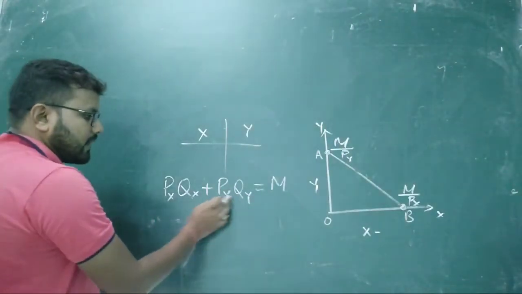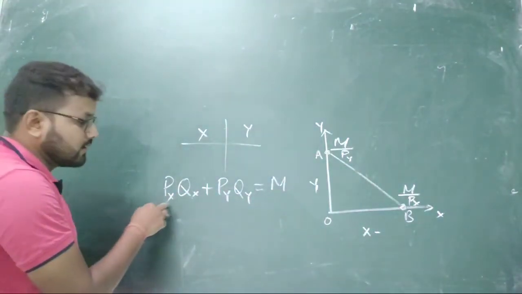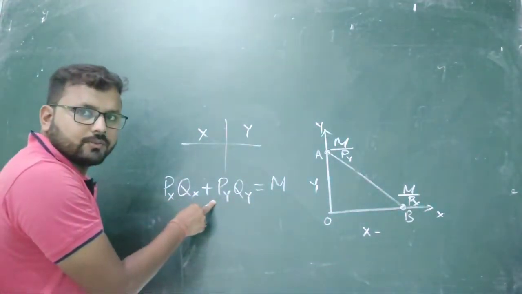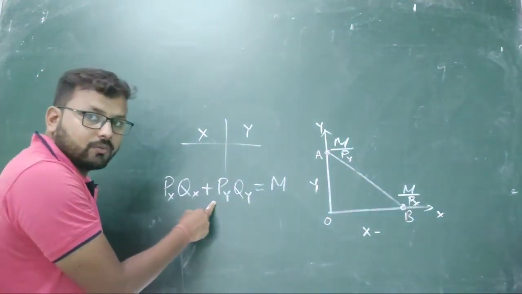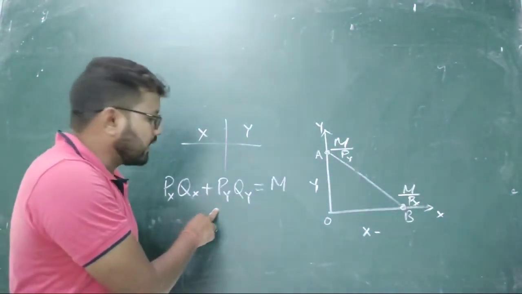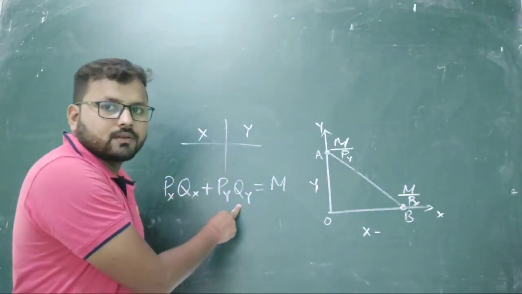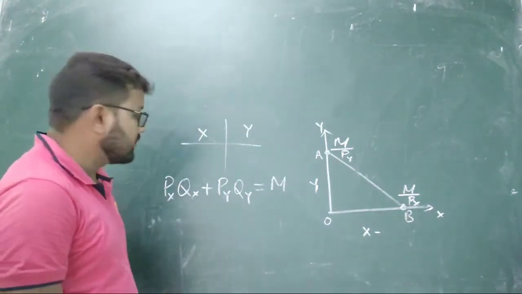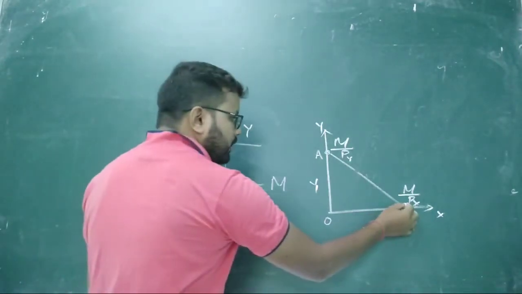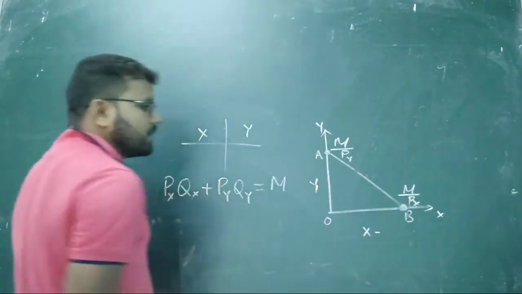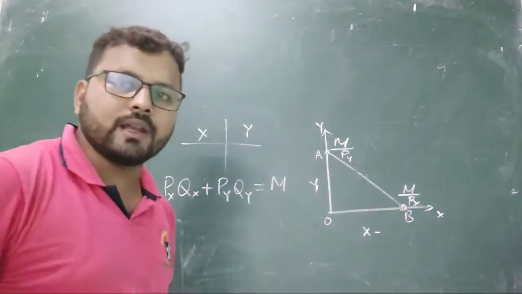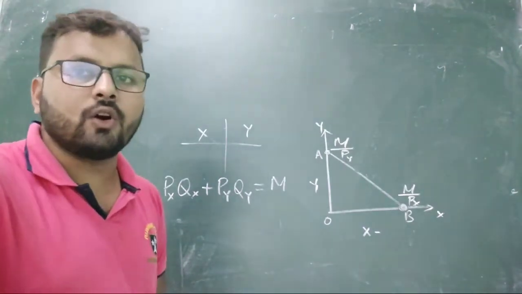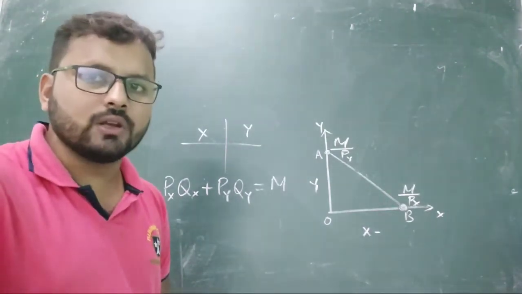Here Px represents the price of X, Qx represents the quantity of X, Py represents the price of Y, Qy represents the quantity of Y, and M represents the money income of the consumer. To calculate the amount at B, we must assume quantity of Y is equal to 0.